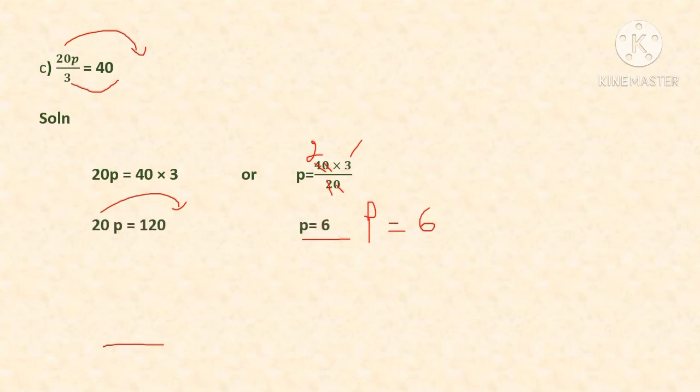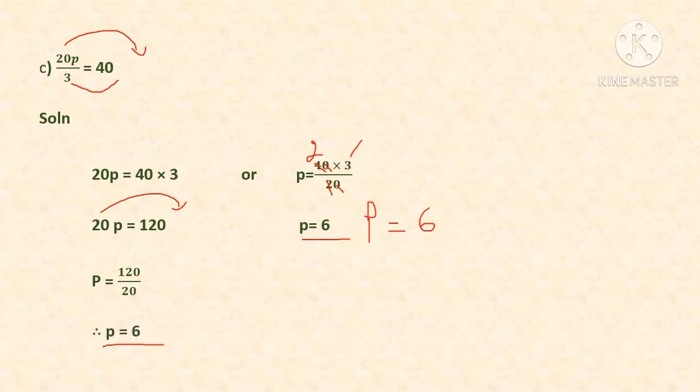Next step, 20p is equal to 40 into 3. You want to multiply and write the answer. So you will be getting the answer 120. Next, p is equal to 120. Then 20, when you bring this 20 to the right hand side, we'll write in the denominator. 120 divided by 20. When you cancel it, you will be getting the answer p is equal to 6.